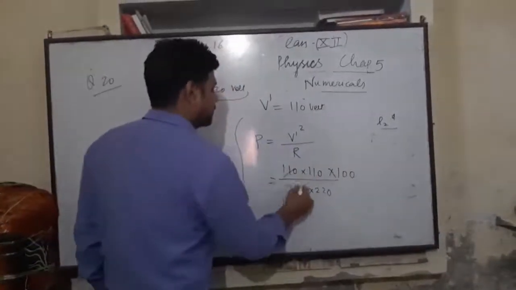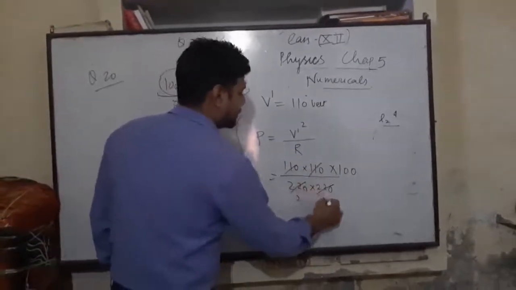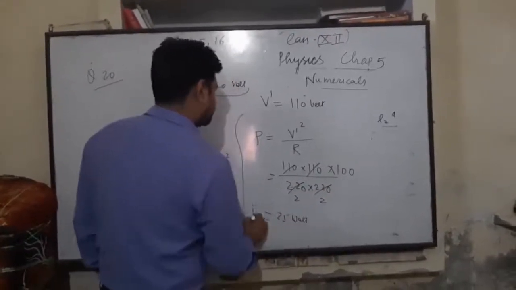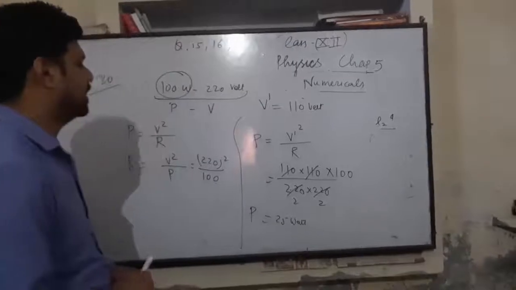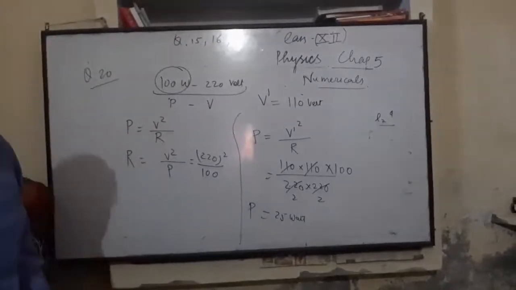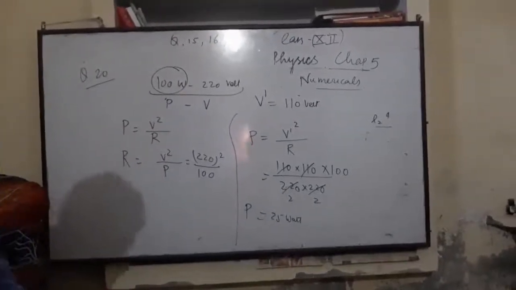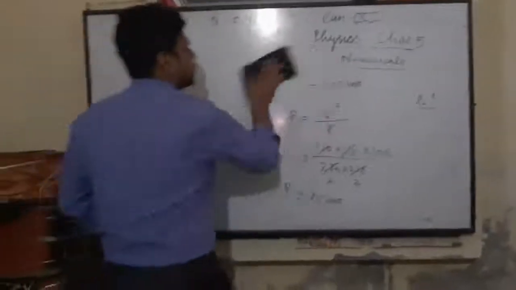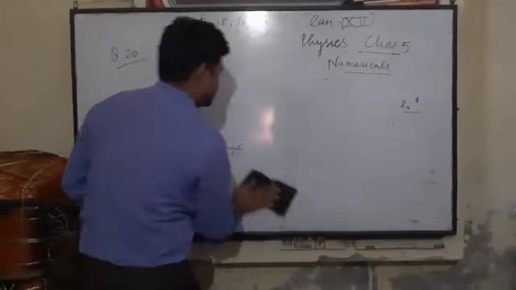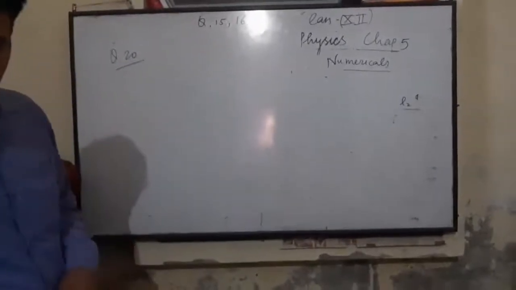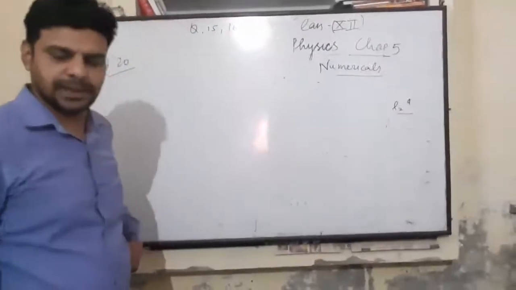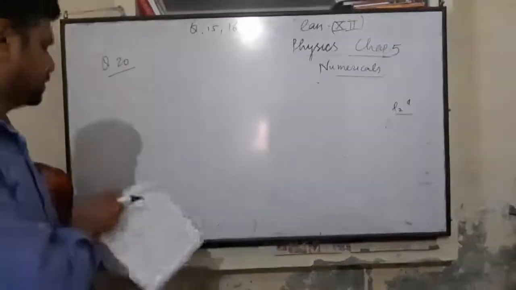So this is 25 watt. So the power consumed by this bulb will be 25 watt if we operate this bulb at 110 volt. So always remember, from the power rating we can calculate the resistance of a given electrical appliance.